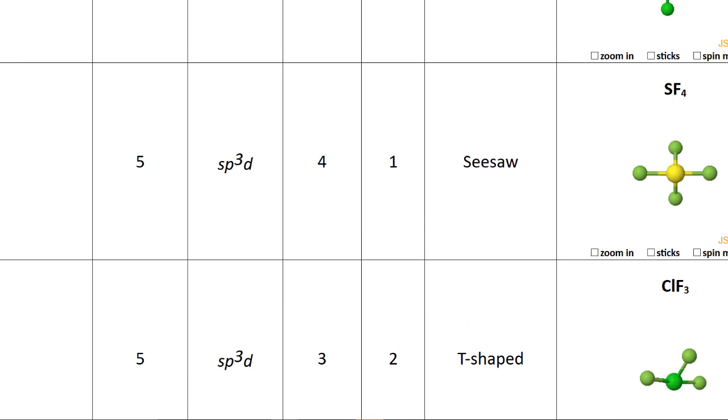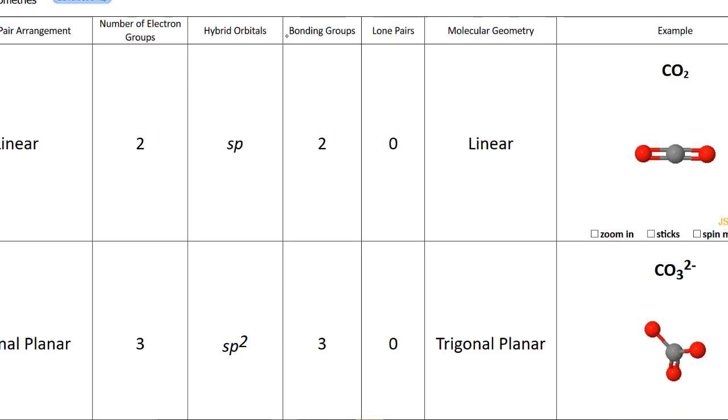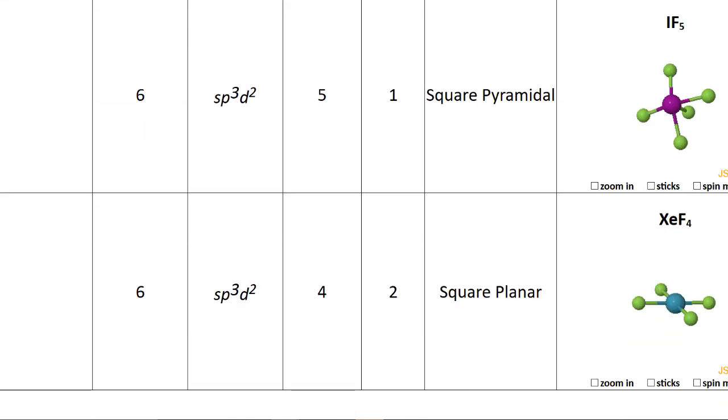If we look at the label of these columns, which is bonding groups and lone pairs, it has 4 bonding groups and 2 lone pairs. So as you interpret the table, 4 bonding groups, 1, 2, 3, 4, and 2 lone pairs, and then that lines up with the geometry. Now we're not going to look at all of the examples in this list.